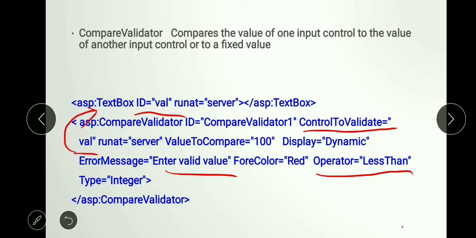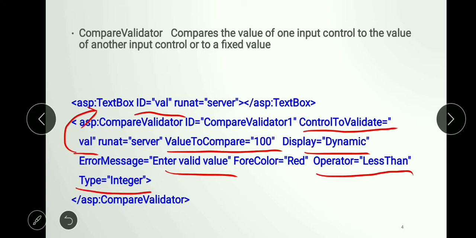Whatever the text field name is, we give it to the control which we want to validate. Then we give the attribute value to compare, that is 100. Then display is equal to dynamic. It means that whenever the error message occurs, it creates the space to display that error message on the browser.